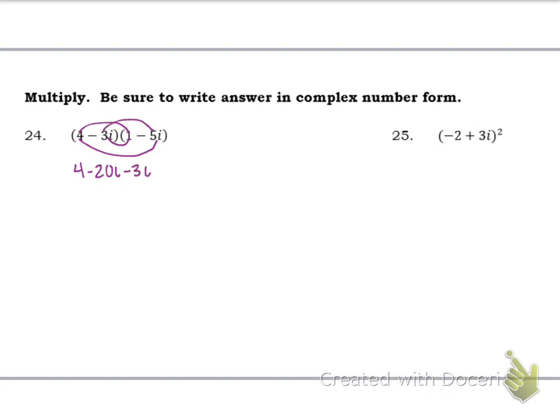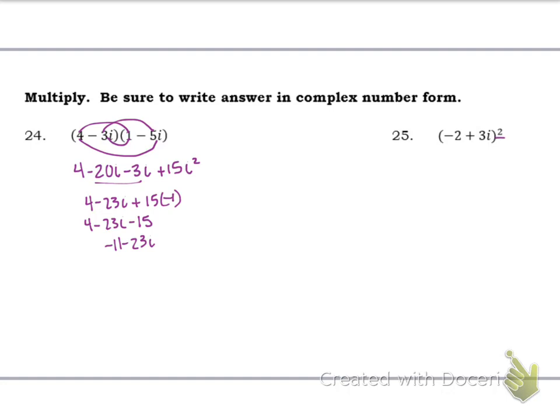And my last is negative 3 times negative 5, which gets me 15. And then i times i gets me i squared. We can combine in the center here to get 23. And then my i squareds always change to negative 1s. So it will become a minus 15. So I get negative 11 minus 23i.